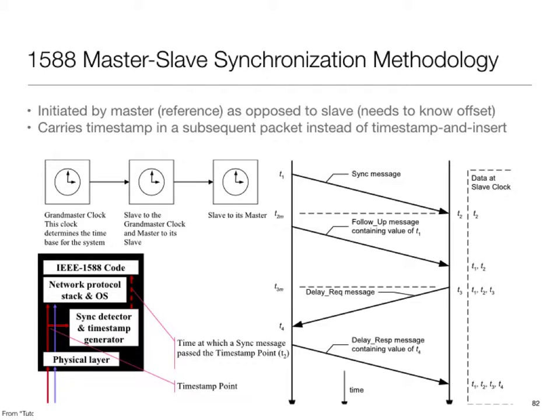But an additional measure that 1588 also takes, in order to get a more precise handle on network delays, since part of the network delay is queuing delays in the switches or routers or other network equipment along the way: 1588 compliant network equipment timestamps a packet when it comes in, and timestamps it when it goes out.